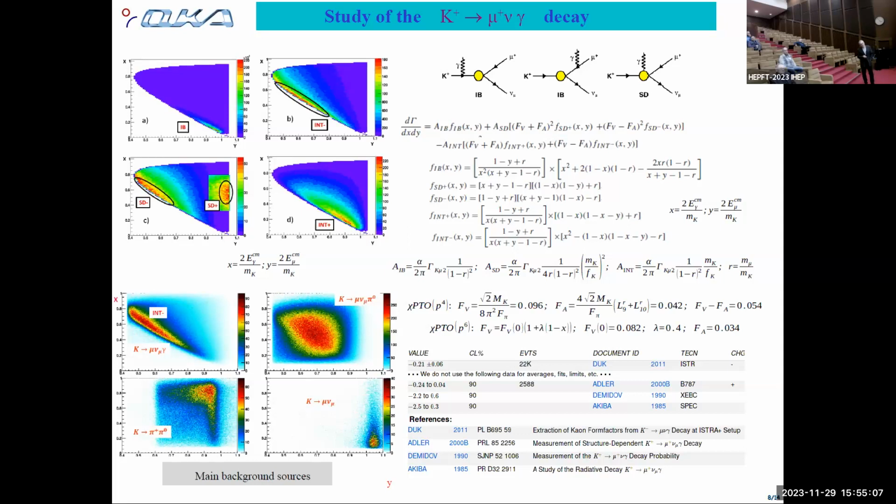The paper was published in 2011, and the statistics is 22K, and we provided the first measurement for this difference of vector and axial vector constants. So our task is to increase the statistics and to lower the error in this parameter.